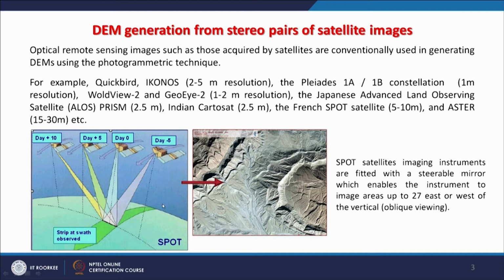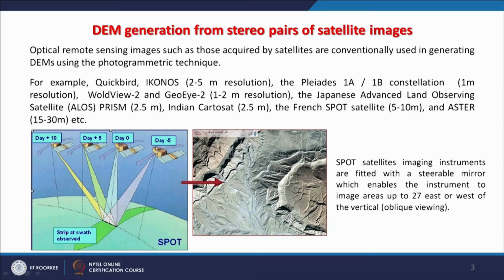The problem with this kind of data acquisition, as in the SPOT example given here, is that the same area is covered 5 days before, say day 0. Five days before, it was possible to cover it at an angle through steering of a mirror of the sensor.